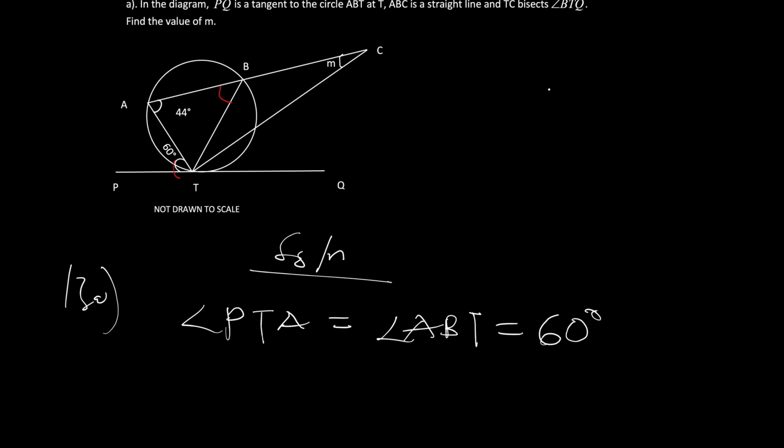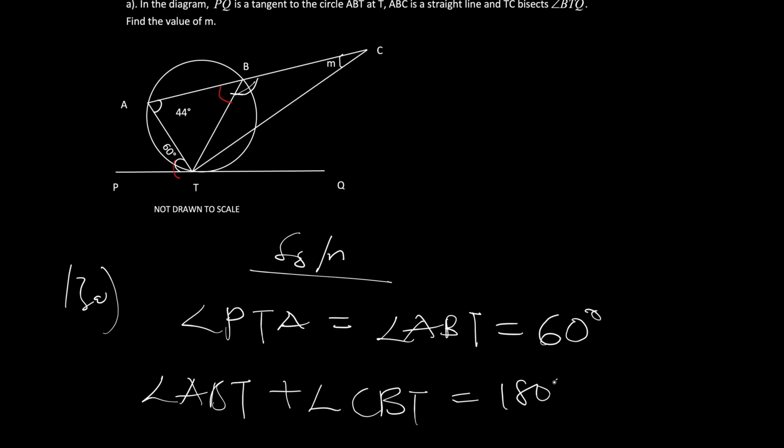Now when we look at the diagram again, we can say that angle ABT, which is this side, plus angle CBT, which is this side, is equal to 180 because angles on a straight line add up to 180. So angle ABT plus angle CBT is equal to 180 degrees.